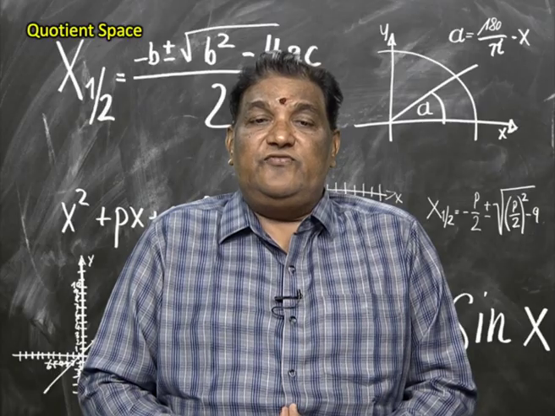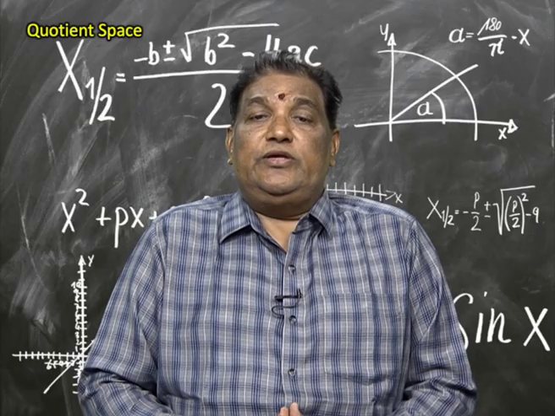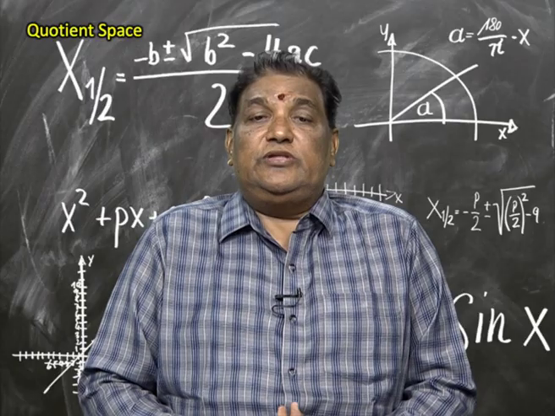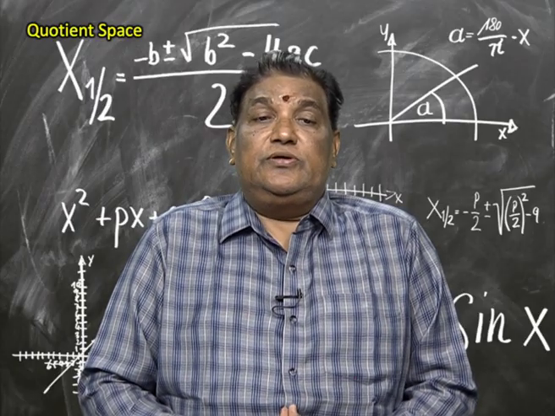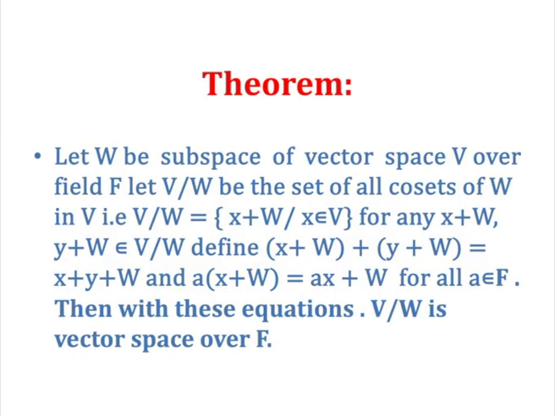In the same way, here you should not write 2W; 2W is equal to W. That is why we need to write the variables x + y + W. Next, scalar multiplication: a(x + W) equals ax + aW, and aW is nothing but W only, for all a belonging to F, where F is a field. Then with these operations, V/W is a vector space over F.